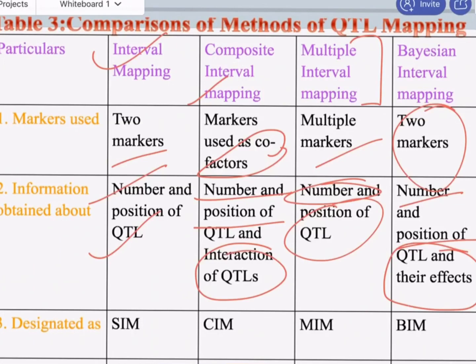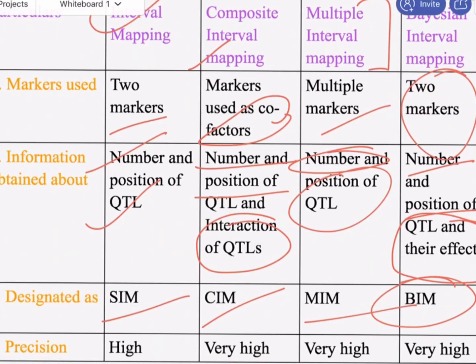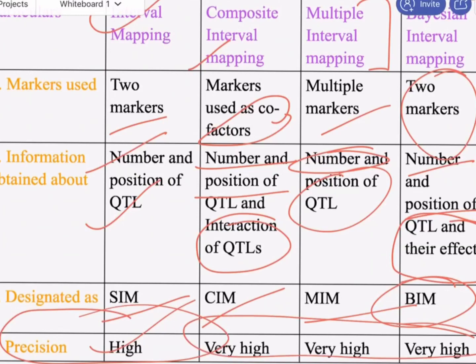Now, interval mapping is designated as simple interval mapping, composite is CIM, multiple is MIM, and Bayesian interval mapping is BIM. If we talk about the precision, interval mapping is highly precise. But CIM, MIM, and Bayesian are all modifications of interval mapping, so they are all very highly precise.